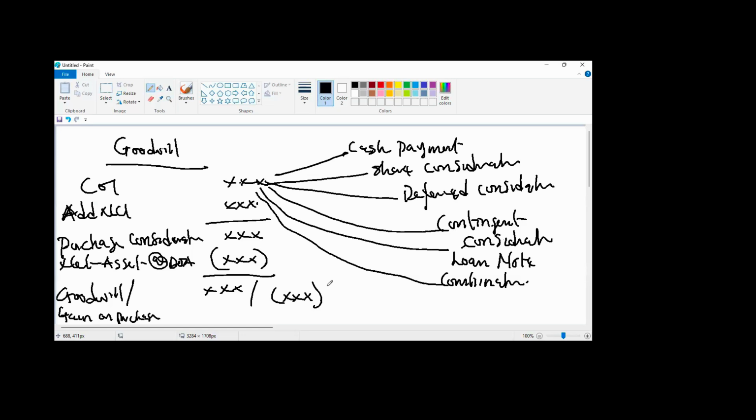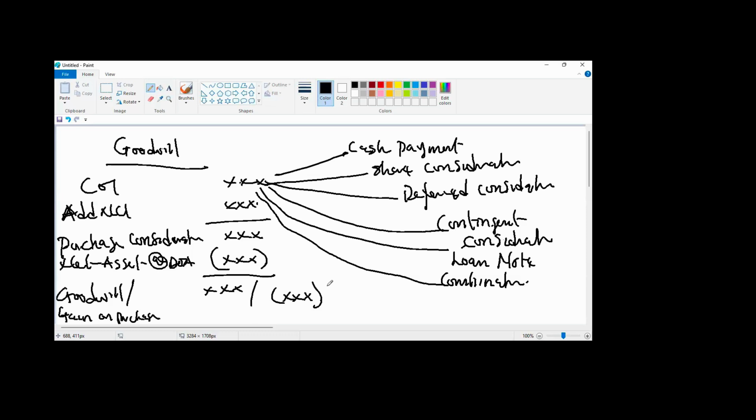What am I going to see in the question that will warrant me to calculate fair value? 1, you must provide me market price per share of subsidiary or NCI. 2, you must give me the fair value of NCI. 3, goodwill attributed to NCI.